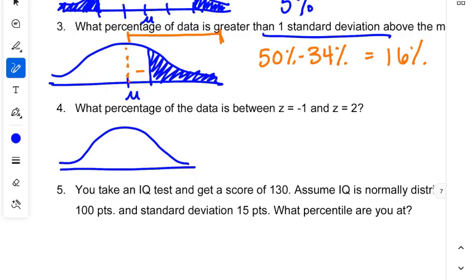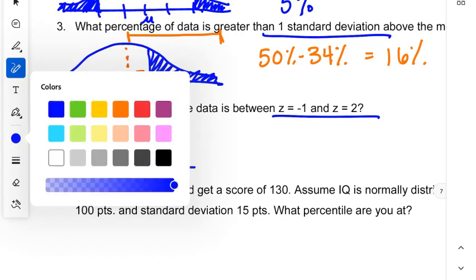What percentage of the data is between z equals -1 and z equals 2? Well, mu is 0, remember that? And so this would be -1, this would be 1, this would be 2. So between the two. So we're going to draw our lines and we want to shade it.